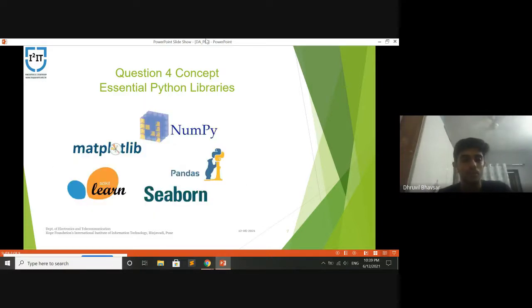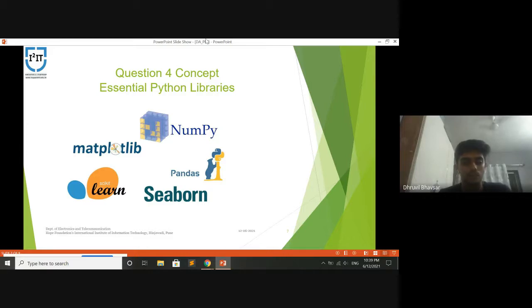NumPy is a Python library which provides mathematical functions to handle large-dimension arrays. It provides various functions for arrays, matrices and linear algebra, and other mathematical functions.